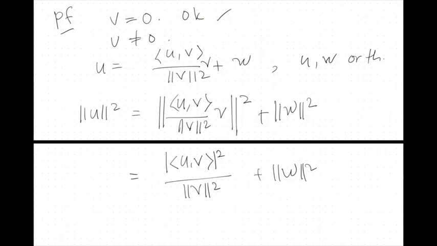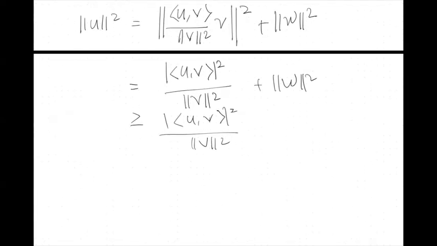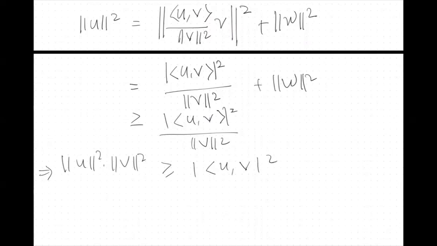And then this is greater than or equal to the inner product of U and V squared over the norm of V squared. If we multiply both sides by the norm of V squared, we get the norm of U squared times the norm of V squared is greater than or equal to the inner product of U and V squared. And then taking the square root, we get the result.